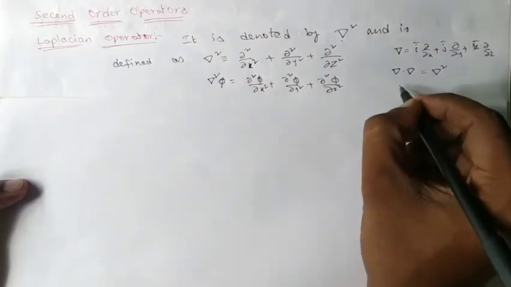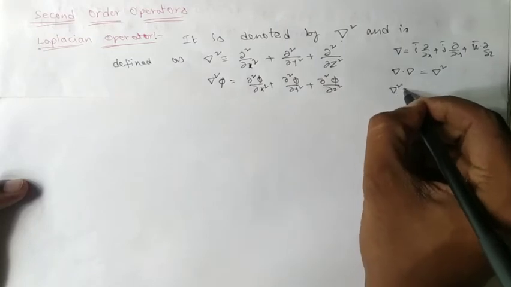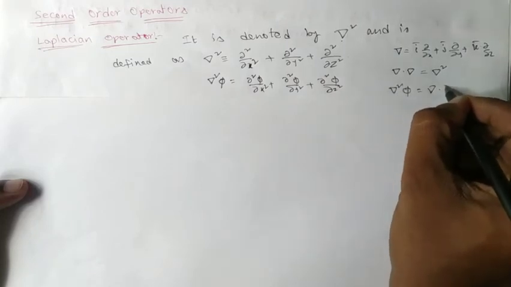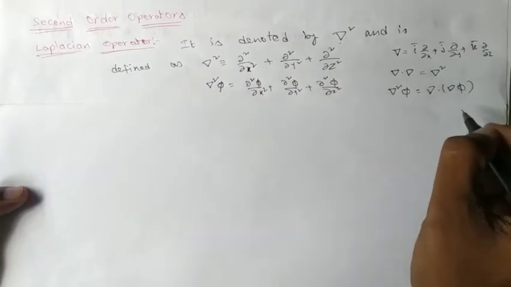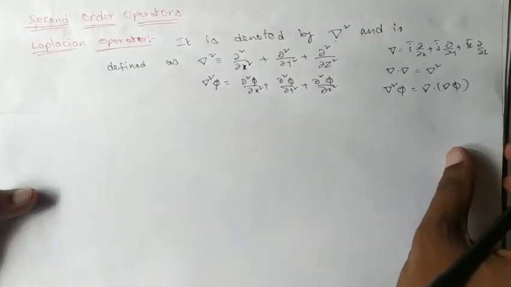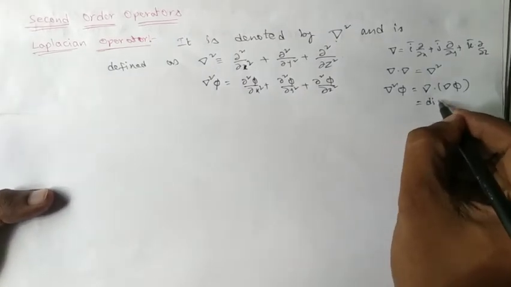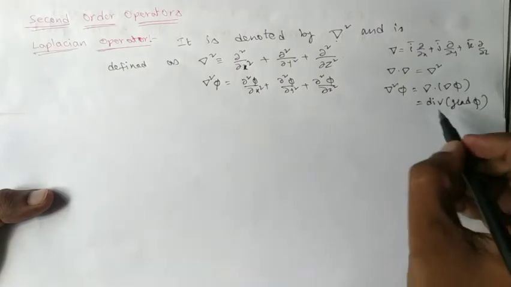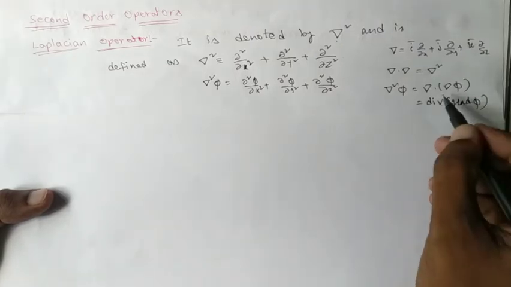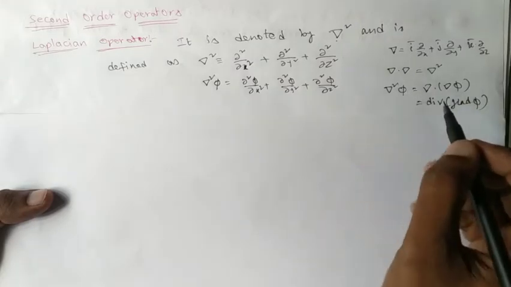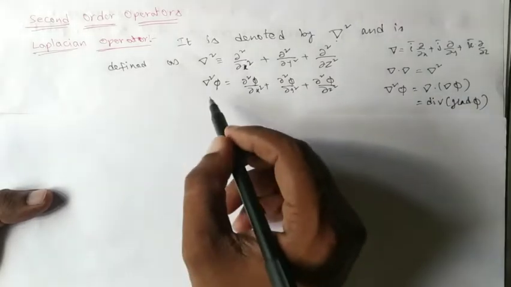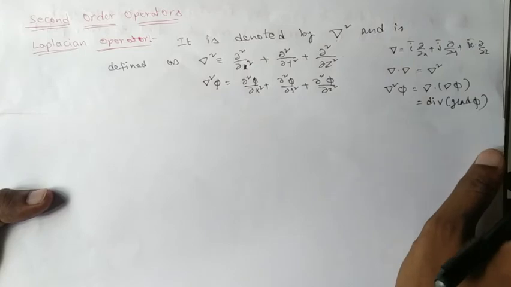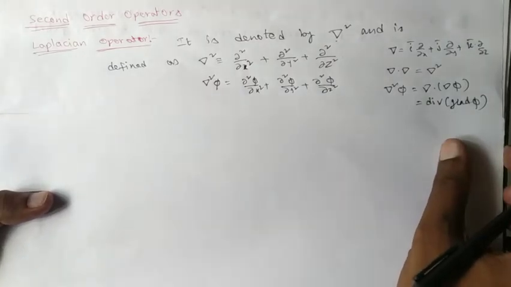That means we are calculating del dot del phi, which is also known as divergence of grad phi. So calculating divergence of grad phi is equivalently del square phi. Del square phi means divergence of gradient of a scalar function phi. So that is one second order operator.